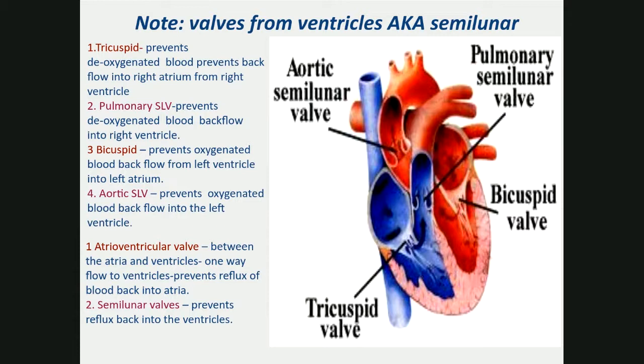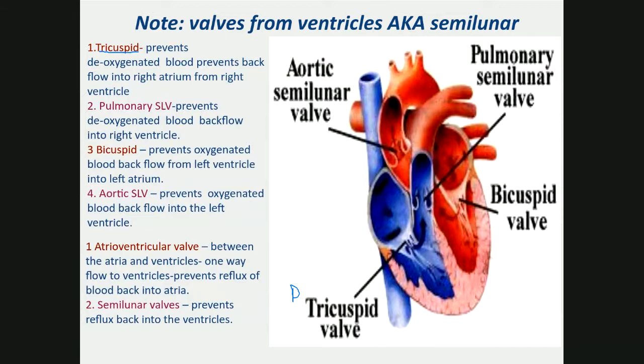So let's start with the first one, the tricuspid valve. Remember, that's located on the right. What kind of blood is going through this? Deoxygenated blood, and it's preventing backflow into the right atrium, and it's separating the right atrium from the right ventricle.